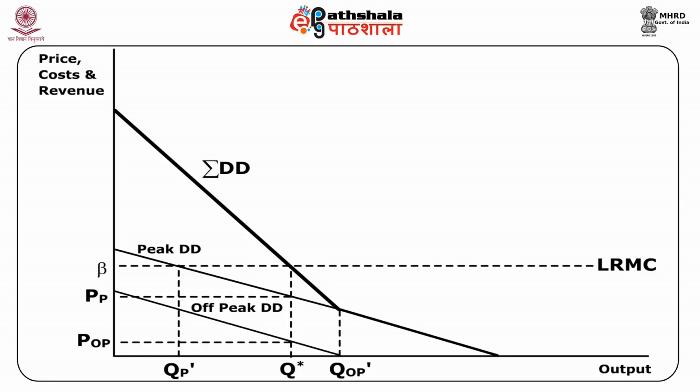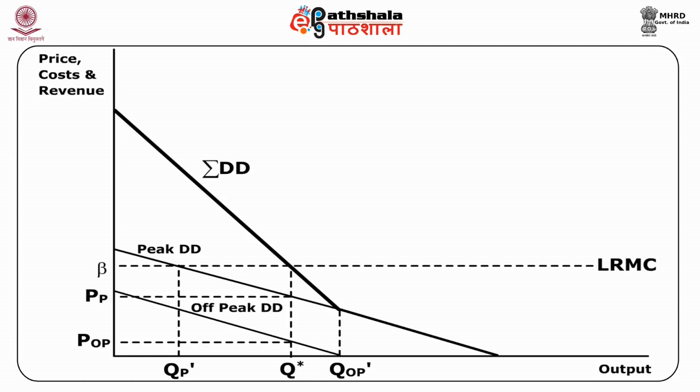In this case, to obtain the optimal capacity, we vertically add the demand curves of the two different segments. This total willingness to pay curve, or the sigma D curve in our figure, is then equated with the LRMC to obtain the optimal capacity output of Q star, and the two demand segments share the costs of producing this capacity output.